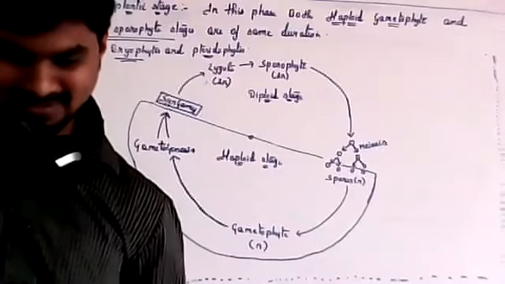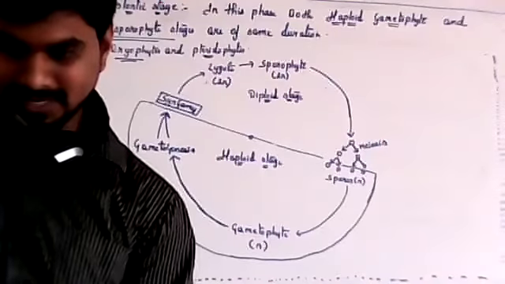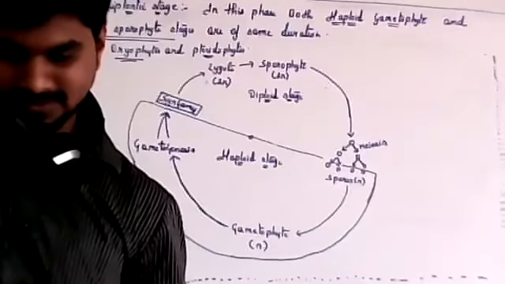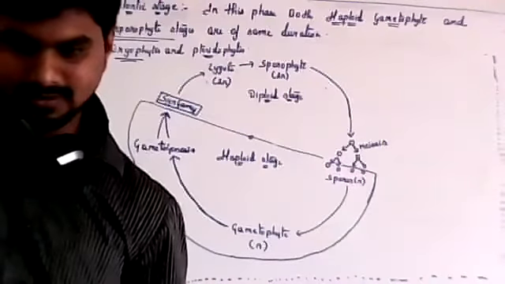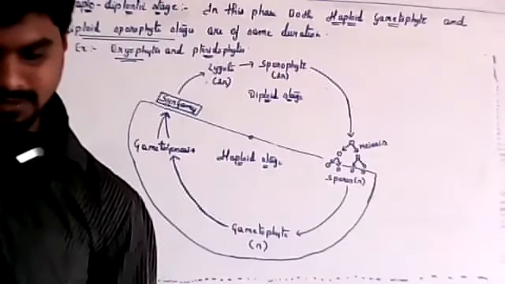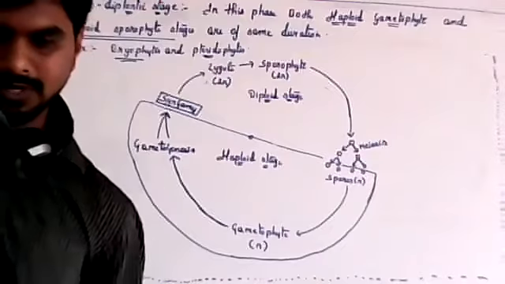Monera started. Bacteria is finished. Okay, so next is biological classification. First is Monera. This was the last concept, the haplodiplontic life cycle.